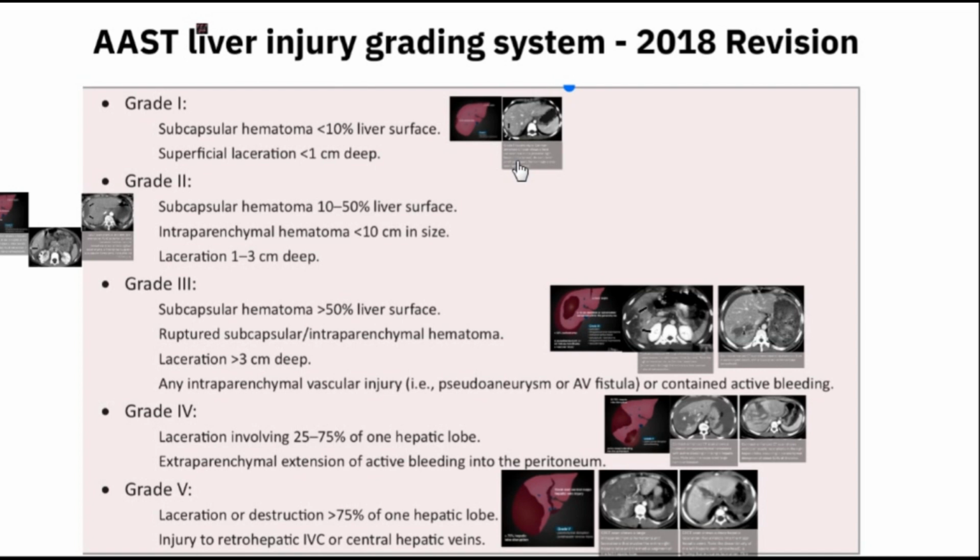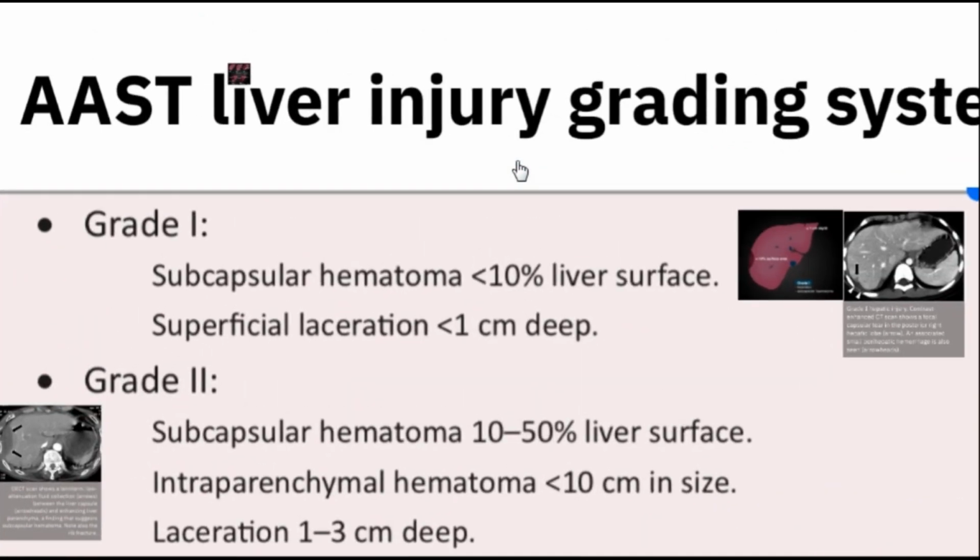The vein has a very thin wall, while the artery has a muscular wall. So the artery is more resistant to injury, while the vein is easily injured. Which is a good thing because the vein has low pressure, so the bleeding is not as severe. Yes, it gives time to manage the case.